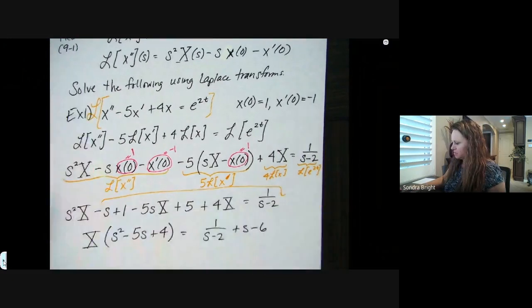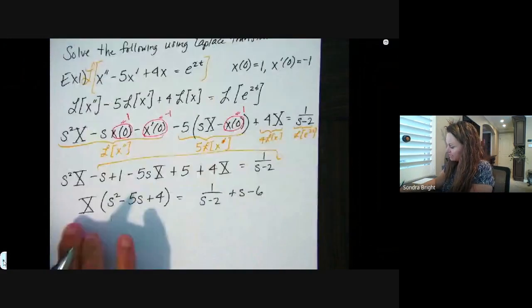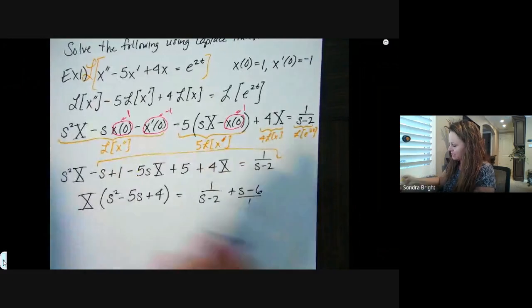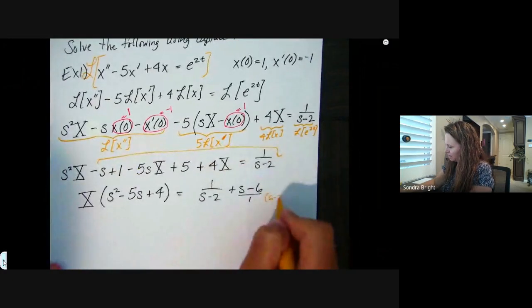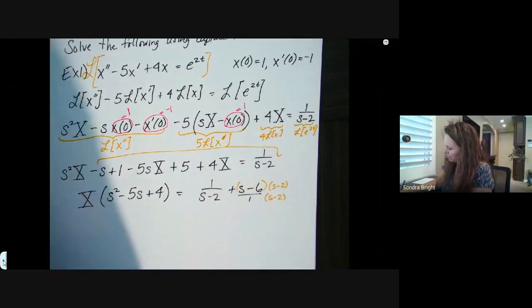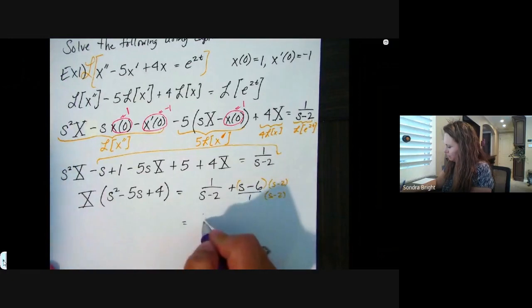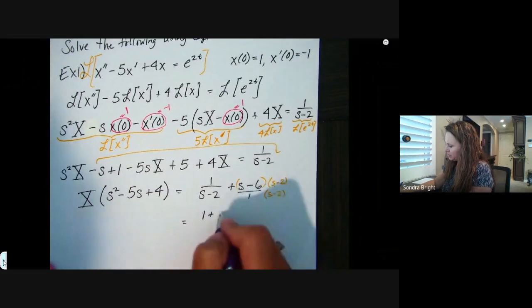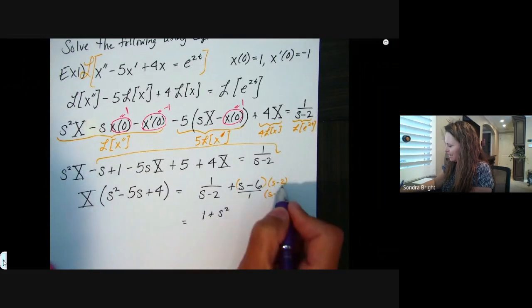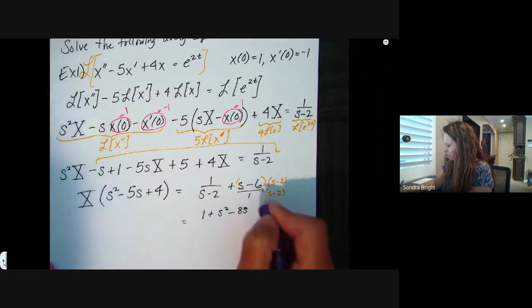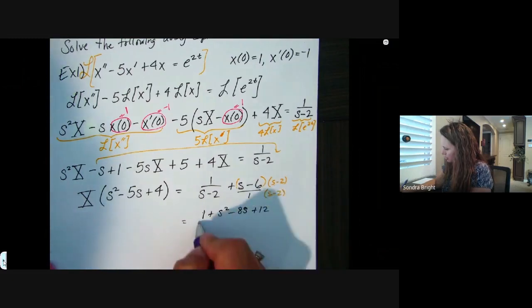Again, your goal is to solve for capital X. So this is like an s over 1. To add these together I need a common denominator, which gives 1 plus s squared minus 2s minus 6s, so minus 8s, plus 12, all over s minus 2.